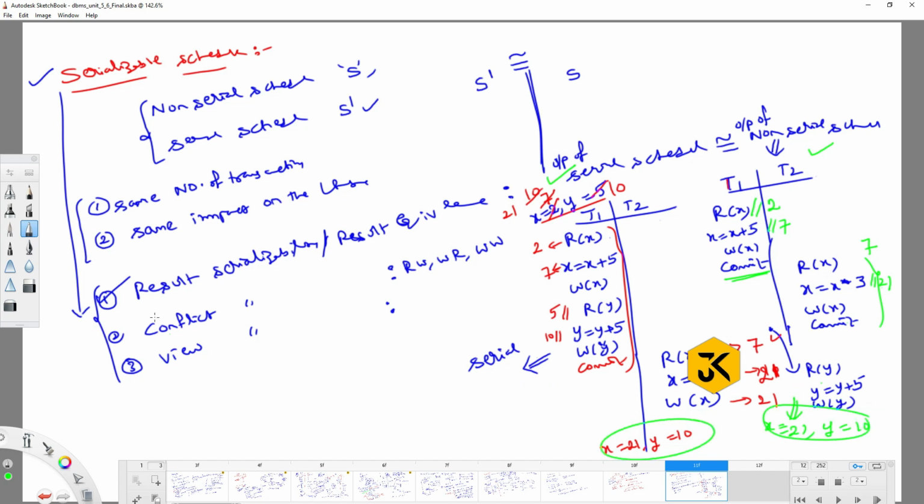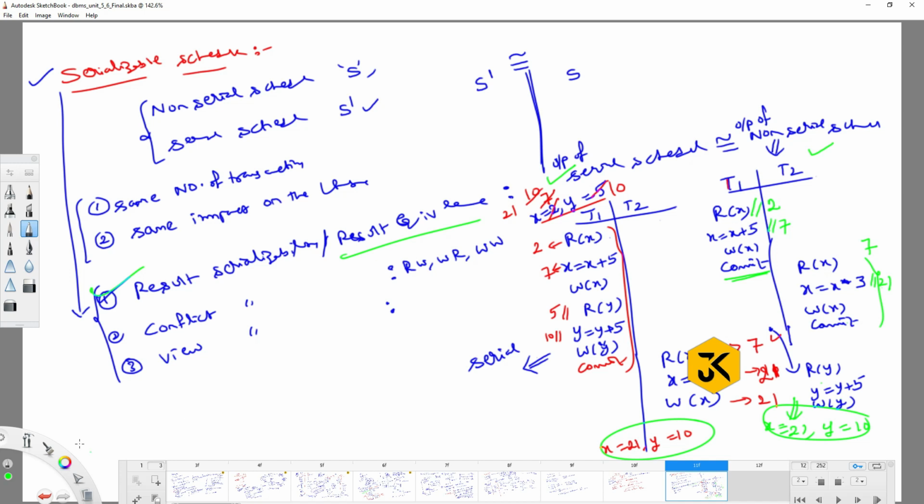Then I can say that these two schedules are result serializable or result equivalent. Now between these two, which one you will prefer? Non-serial, because it may yield more performance, meaning that it can execute within less time compared to serial schedules.